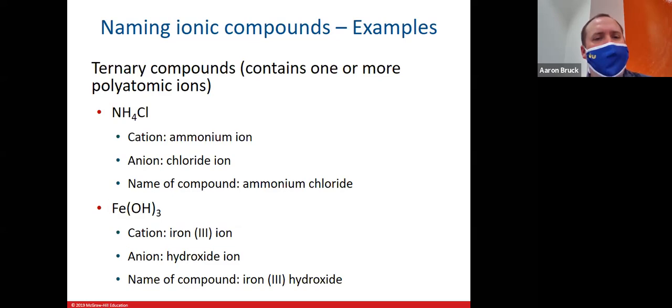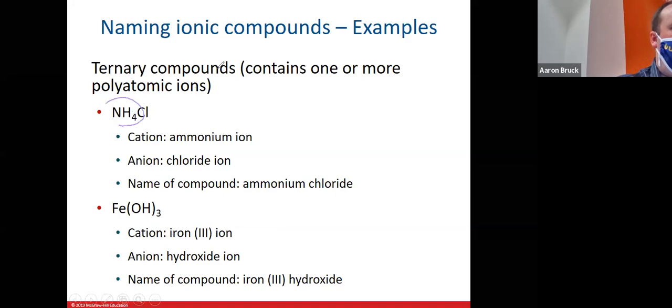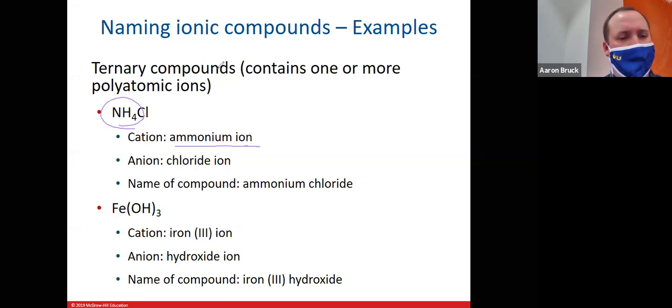And so if I put in polyatomic ions, again, it's still a matter of recognition. I recognize NH4 is my cation here. That's the ammonium ion. Cl, chlorine, fix the ending, so it's chloride.